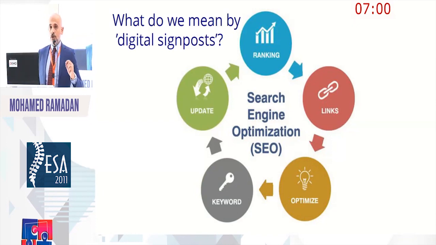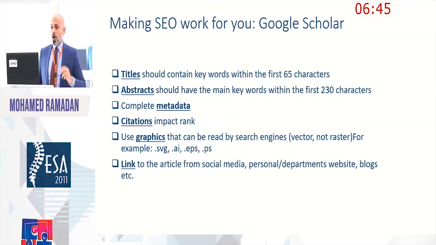So how can we make search engine optimization work for us? First, we start with the title. The title should contain keywords within the first 65 characters. The abstract should have the main keywords, within the first 230 characters. Complete metadata and citations impact the rank of my paper.